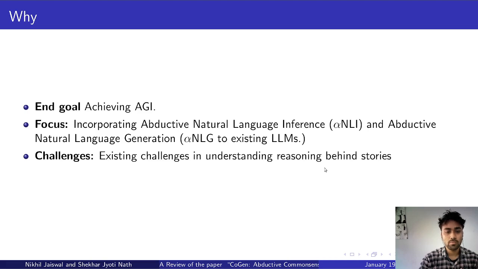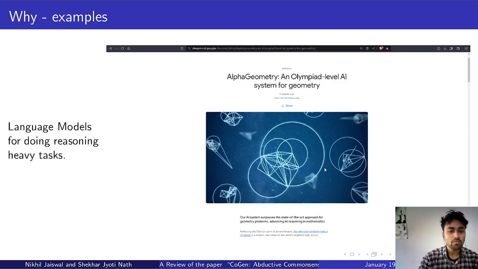From the previous research by Bhagavatula et al., we can see that existing challenges are there in reasoning behind stories. They cannot understand the reasoning behind stories. This is a recent research by Google DeepMind.